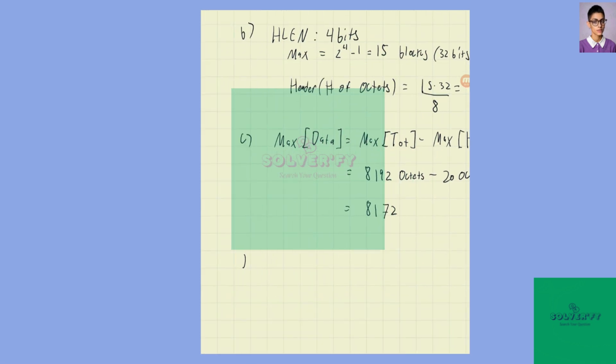And lastly, for part D, we're asked how many different strings of octets in the data area can be transmitted if the header length is 20 octets and the total length is as long as possible.